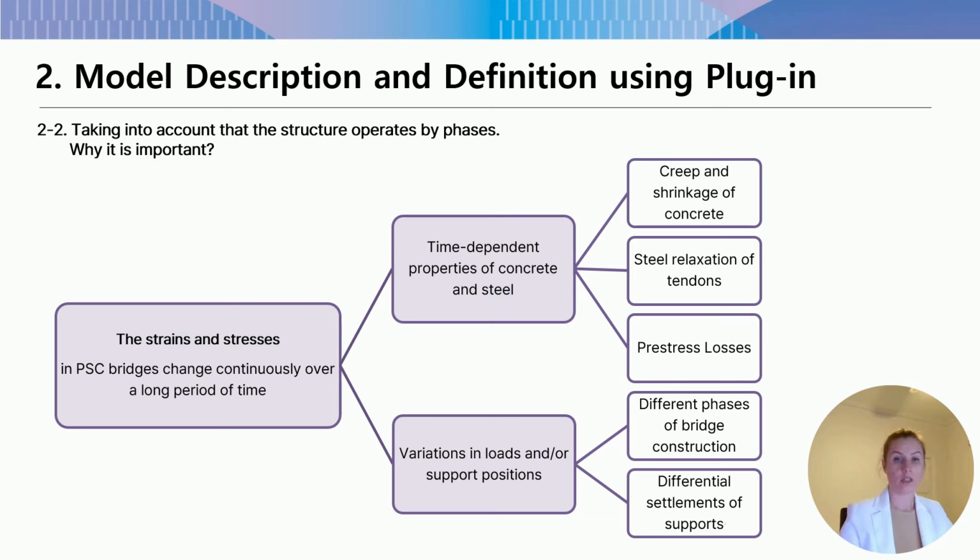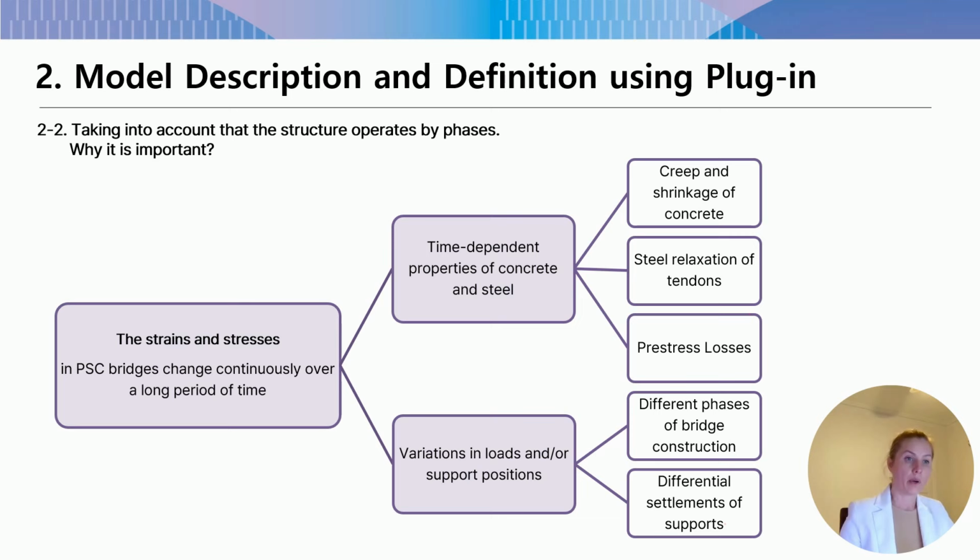Or, in the process of erection, the deck is supported by temporary supports. Creep and shrinkage also change the stress state of the structure over time. Staging is necessary to accumulate and preserve the history of the stress state.